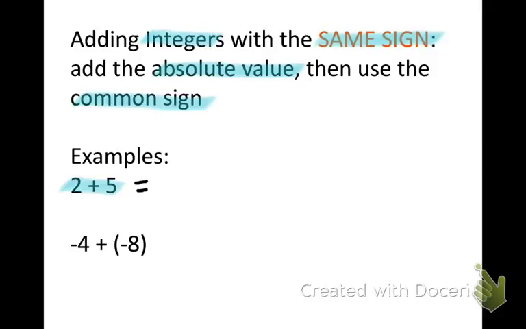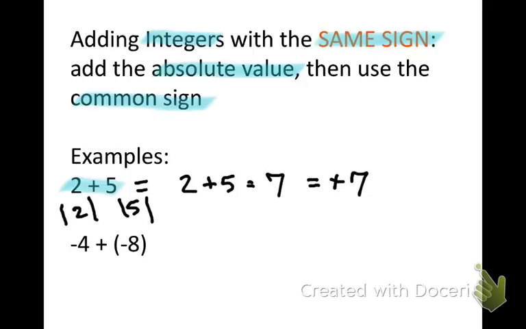Now I'm going to do the absolute value. The absolute value of 2 is 2. The absolute value of 5 is 5. So 2 plus 5 is 7. Both of these numbers are positive, so my answer is going to be positive. You could write it just like this, or you could write it as positive 7, but mathematicians technically would not write the positive symbol here.